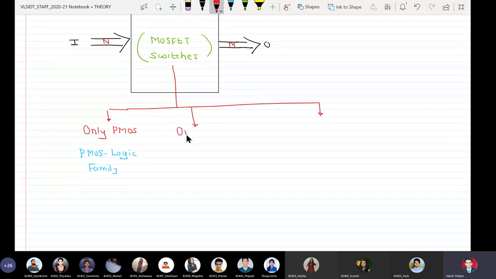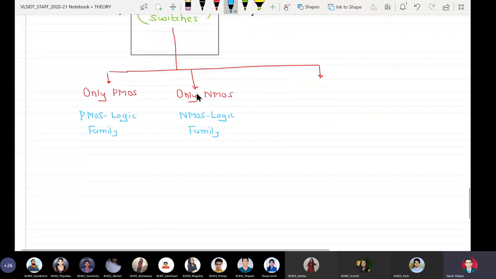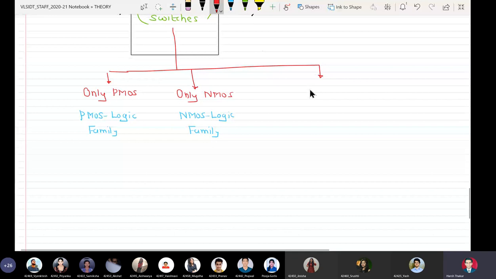If I use only NMOS, it becomes an NMOS logic family. And if I use both PMOS and NMOS, it becomes a CMOS. This is what you know.